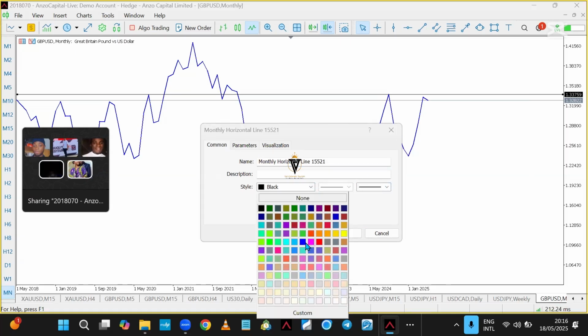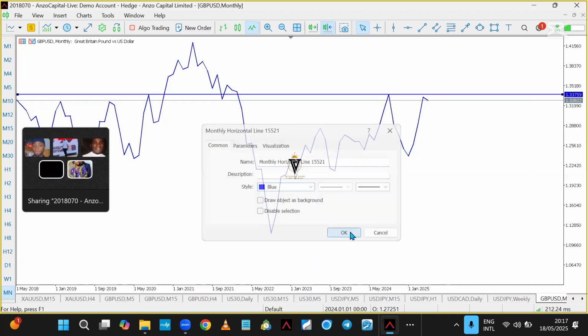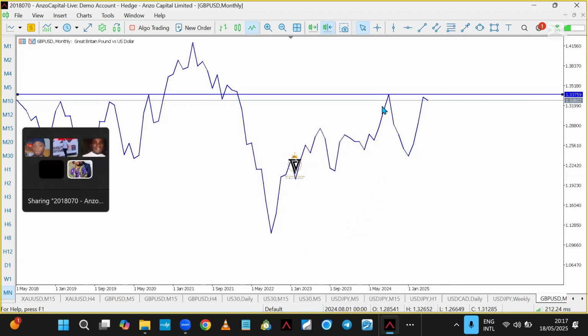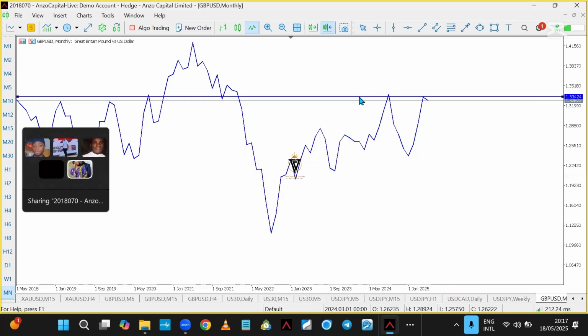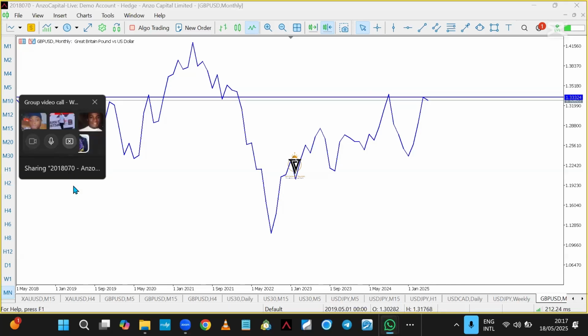I decide to change the color to blue, so all of them will be blue. And I pick 3 points above price, 3 points below price. So as you can see here, I have 0.1.